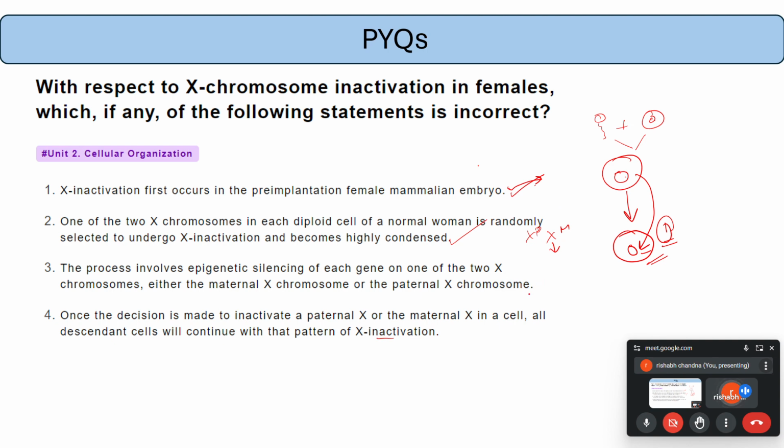The process involves epigenetic silencing of each gene on one of the two X chromosomes, either the maternal X chromosome or the paternal X chromosome. So yes, we need the methylation of the CpG island or the lncRNA. Both of these will be considered as epigenetic silencing.